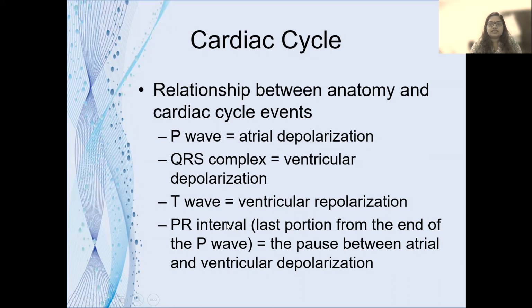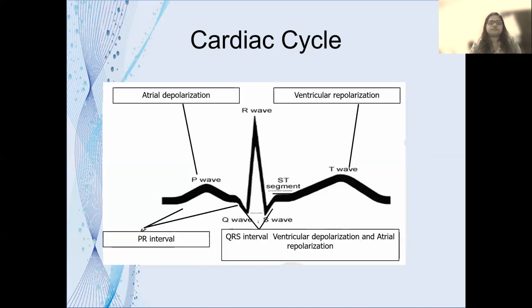Now the PR interval is the interval between the P wave and the QRS complex, from the end of the P wave. This is the pause between atrial and ventricular depolarization. So you have atrial depolarization, then a pause, and then ventricular depolarization. This is considered normal.